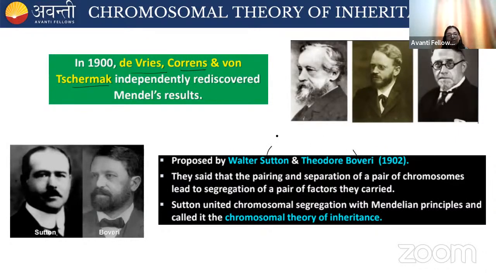Please remember this, that the chromosomal theory of inheritance was proposed by Sutton and Boveri, and the experimental verification for the chromosomal theory of inheritance was done by Morgan. Okay, it's very important, remember this. So Sutton and Boveri proposed that the chromosome and the gene show a close similarity. Like during gamete formation, as the chromosomes get separated, similarly the genes which are present on the chromosome also get segregated.